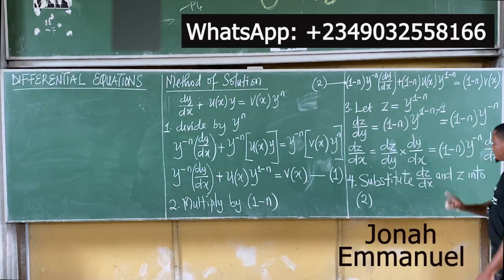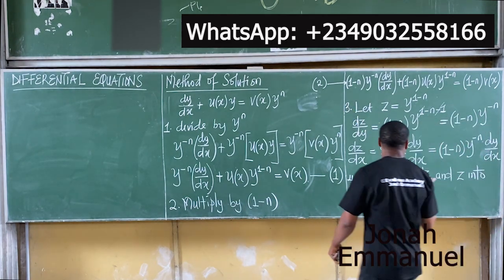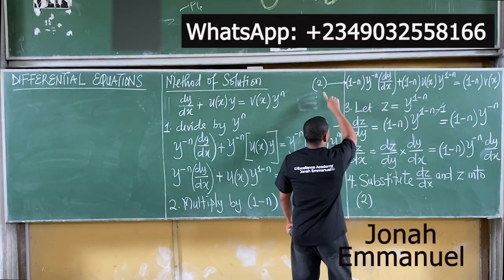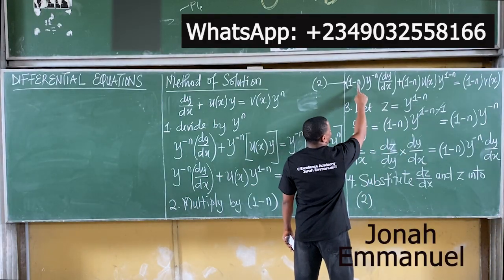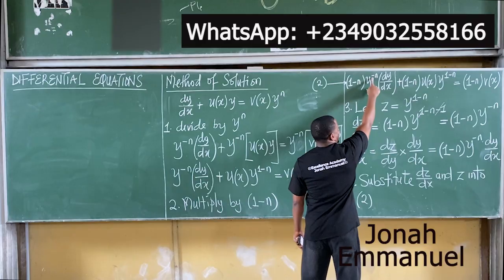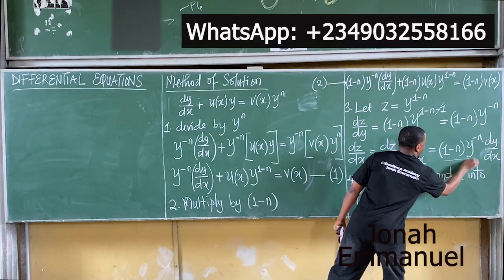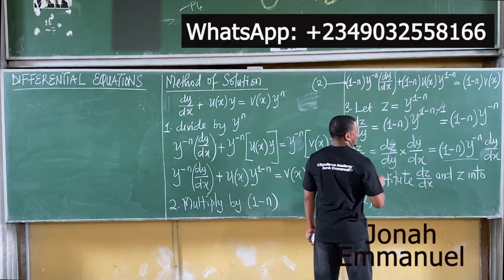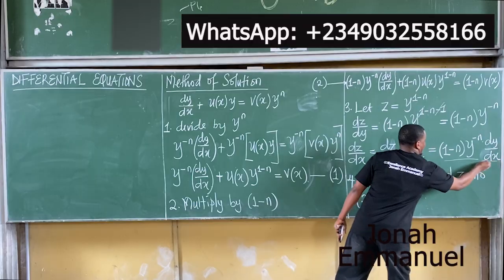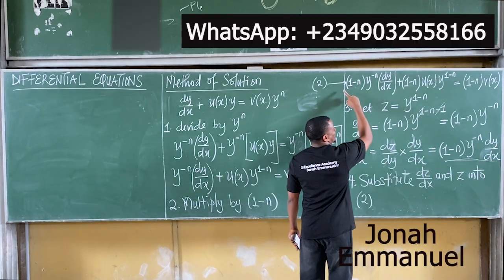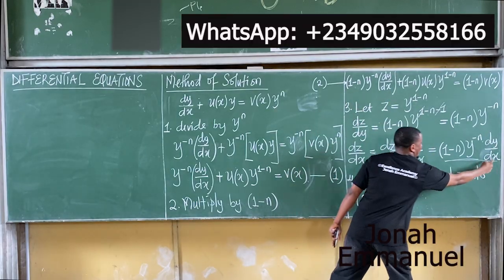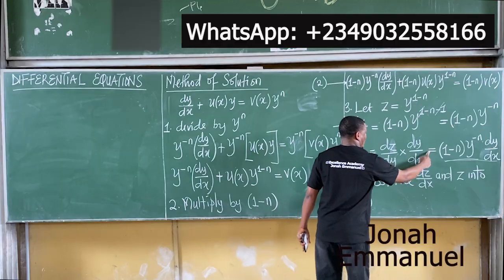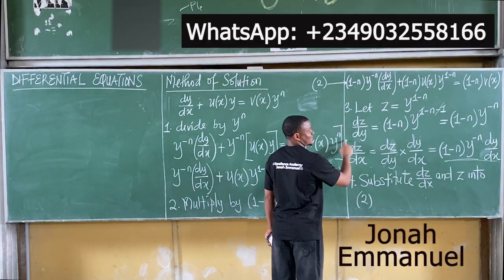What's your observation? Do you observe that? Look up, please. Equation 2 says 1 minus n, y to the power minus n, which is this one here, and then dy dx. In essence, all of this is what you have here, and that value is equal to what there? dz dx.